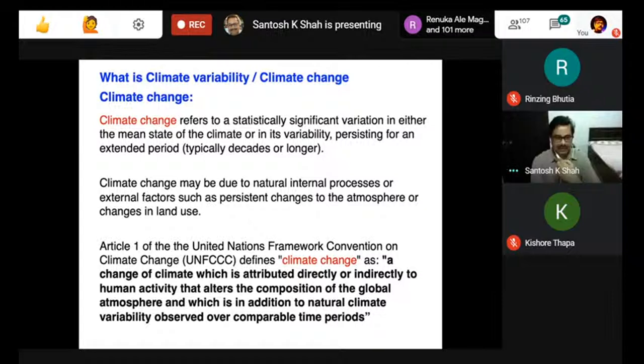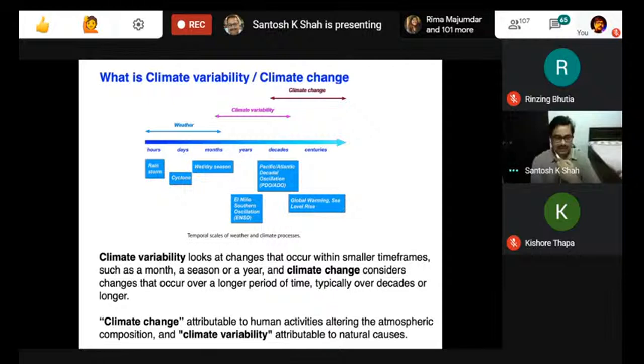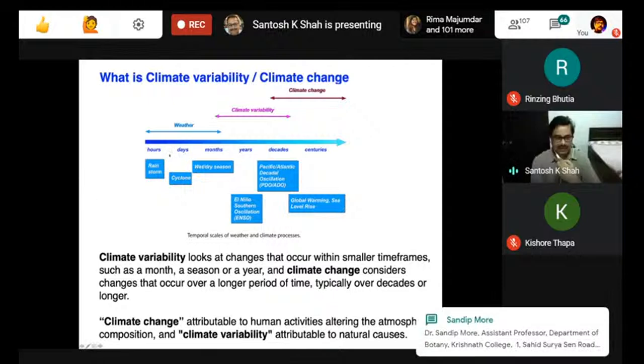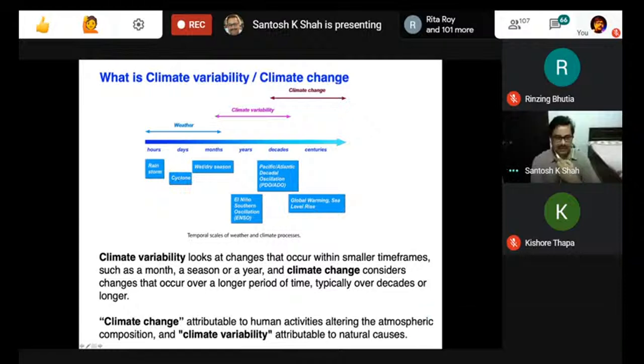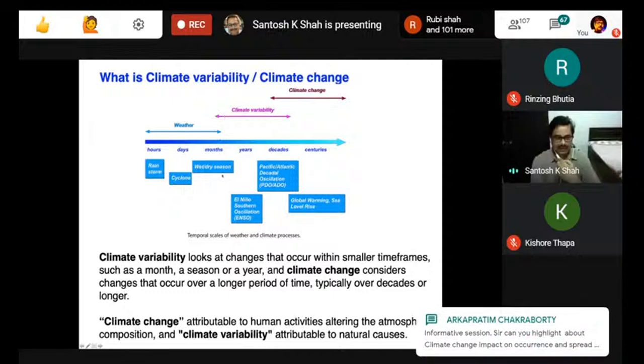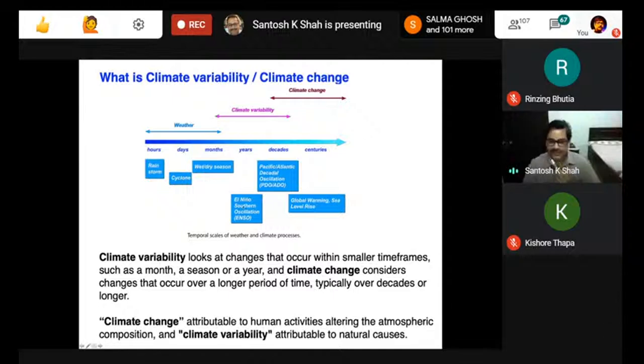Pictorially, weather is about hours or days, like rain, cyclone, dry season, wet season. Climate variability is mostly about months or years, like El Nino Southern Oscillation. But climate change occurs over a decade or century level, like global warming and sea level rise.